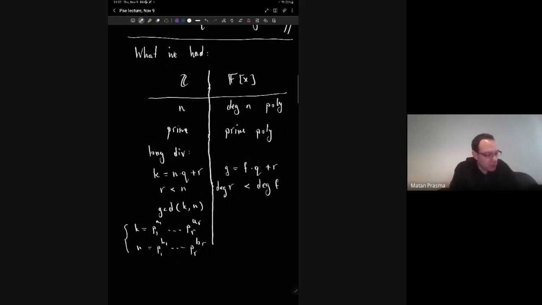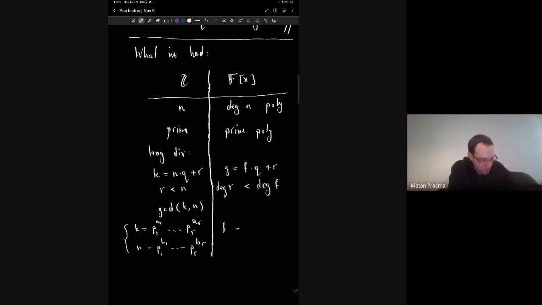But this is all based on the fact that in integers, there is a unique decomposition, unique up to shuffling the order, of an integer into a product of primes. And we proved that in polynomials over a field, you have the same kind of factorization.